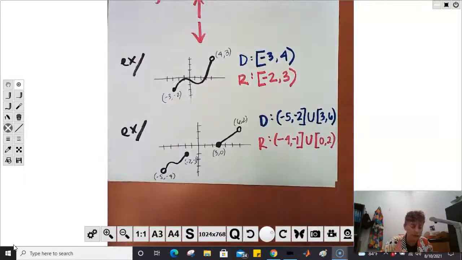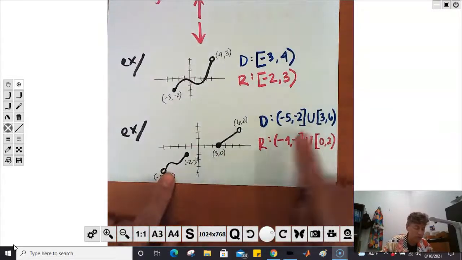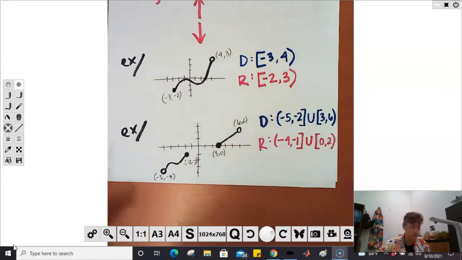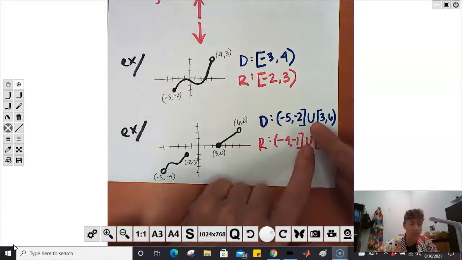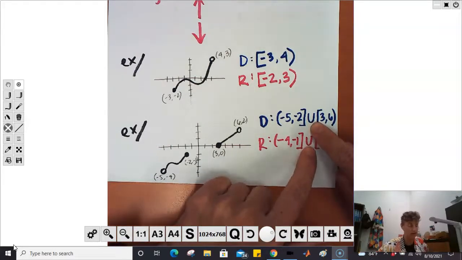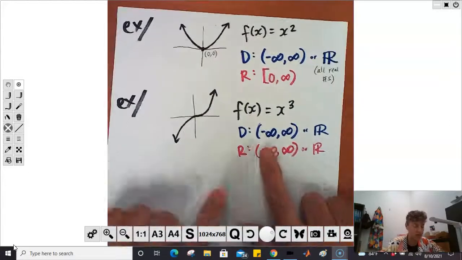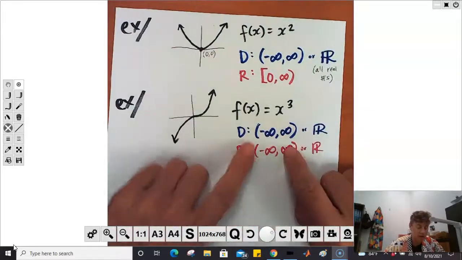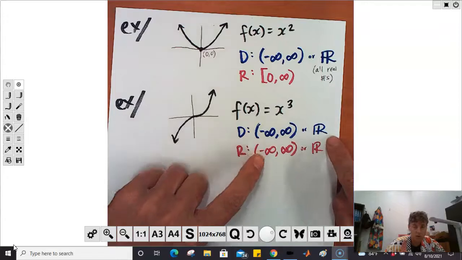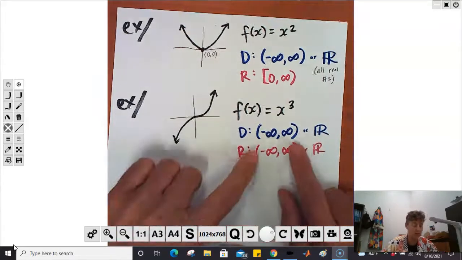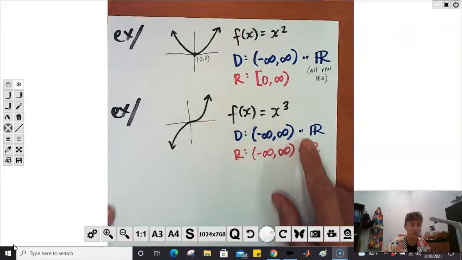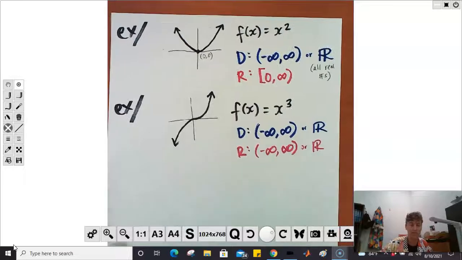If you have multiple parts to your function, you need to talk about the domain and range of all parts of those functions and join them with this little U here. And lastly, we talked about functions that have domains and ranges of all real numbers in some cases. All real numbers meaning going from negative infinity to positive infinity.